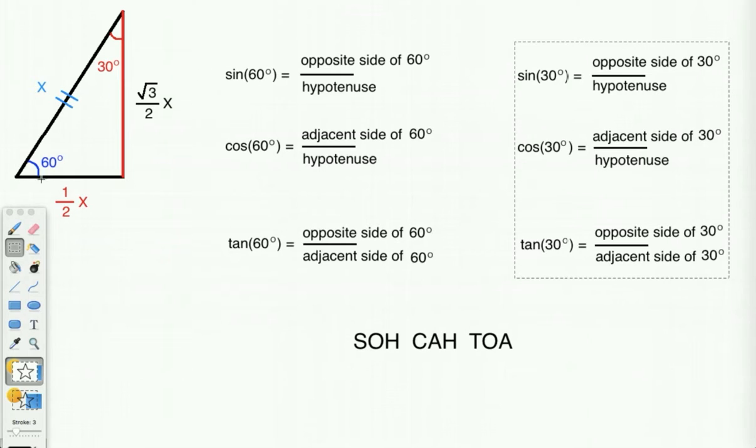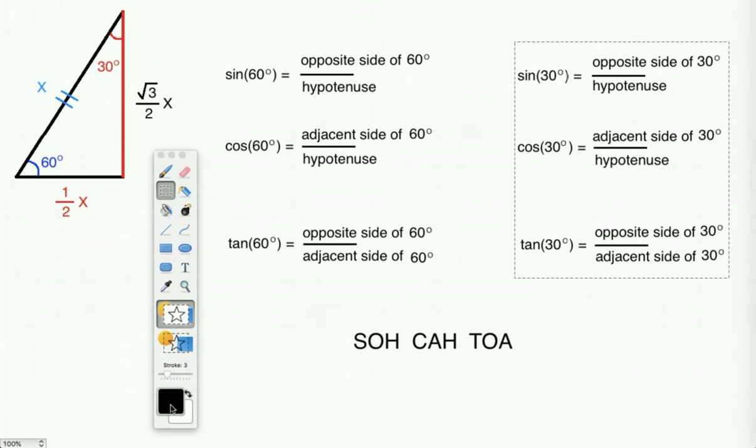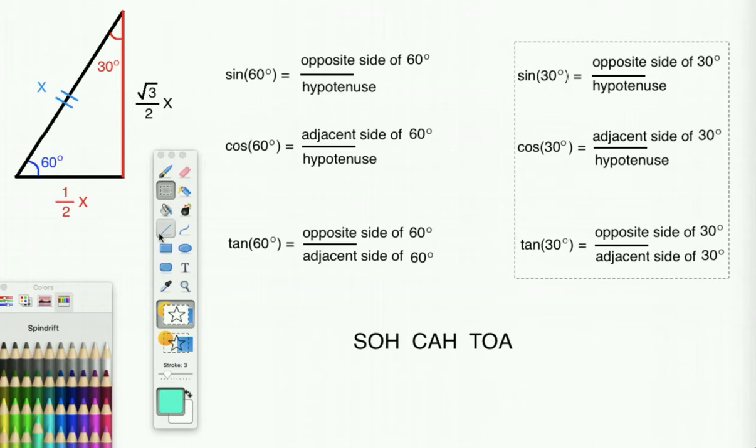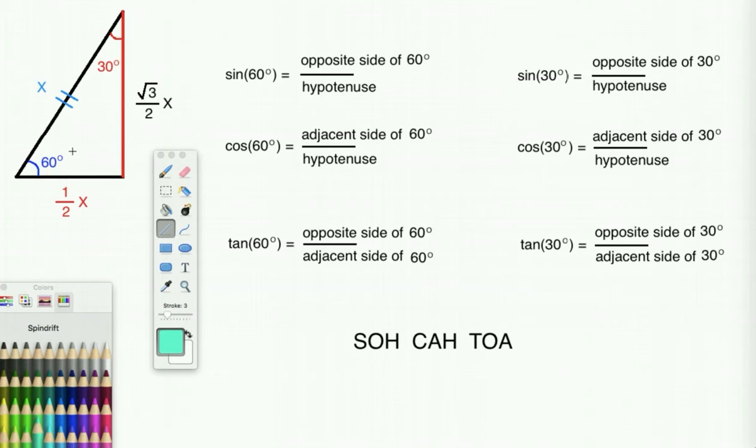So let's do that. If we're talking about 60 degrees, right here is your 60 degrees. Opposite of it, if I go as far away from the 60 degrees as I can get, that right there is the side that is opposite of it.